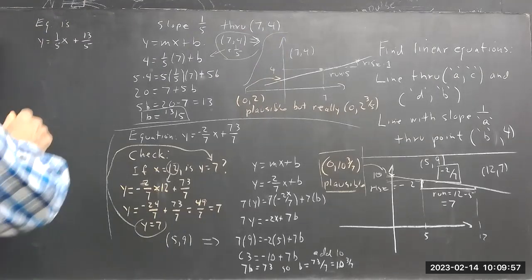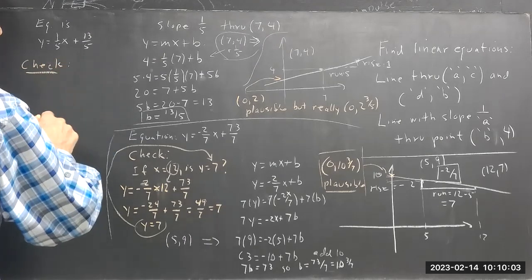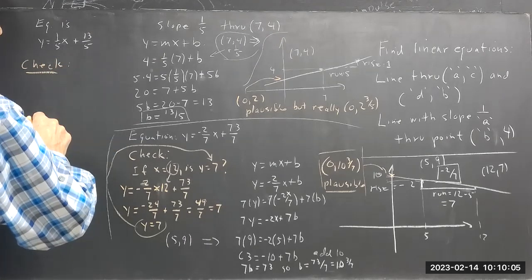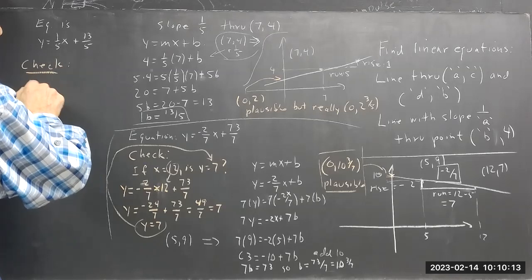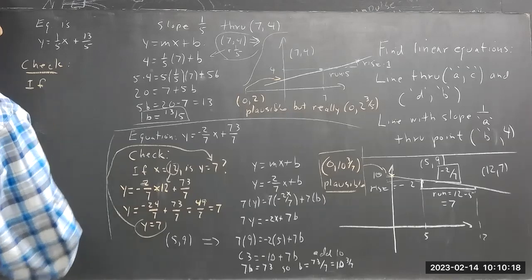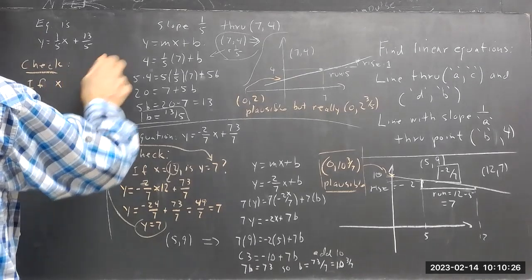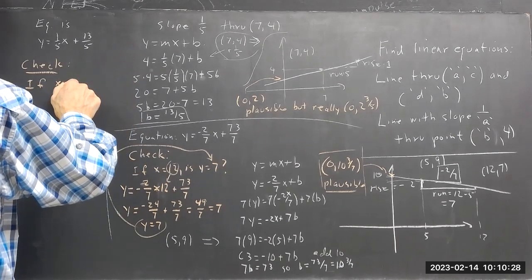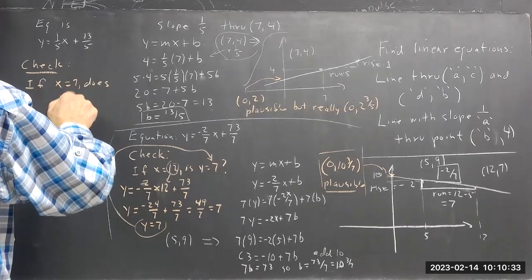Well, let's check the algebra. We can see that the slope is 1/5. The only point that we have is 7, 4. Really, we're just checking our algebra here. If x equals 7, does y equal 4?